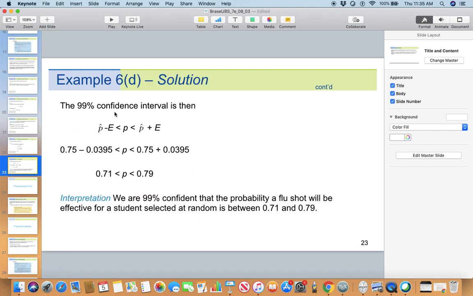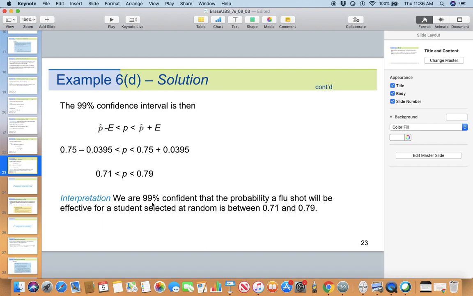So the 99% confidence interval then is P hat minus E less than P less than P hat plus E. So P hat is 0.75 minus the margin of error E, and here is 0.75 plus the margin of error E. So you found an interval 0.71 to 0.79. What is the interpretation?